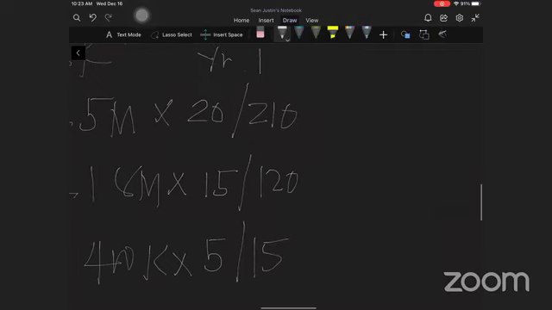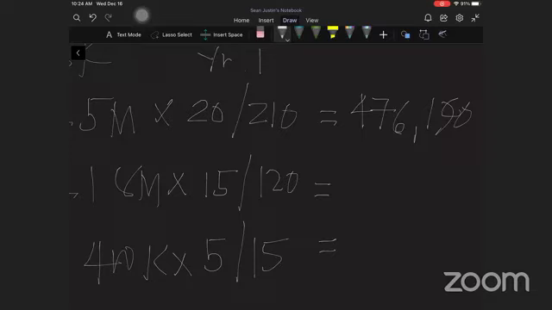Okay, therefore, pila ang year 1 ni machine A, B, and C? That's 5 million times 20 divide 210. That is, okay, 4,761,90. Okay, the whole number lang ni ha.